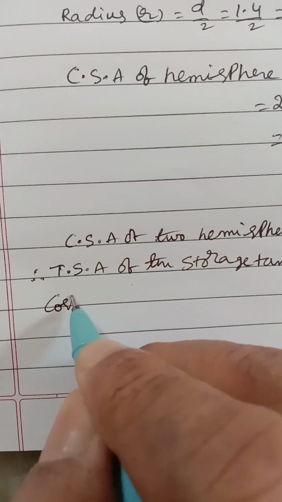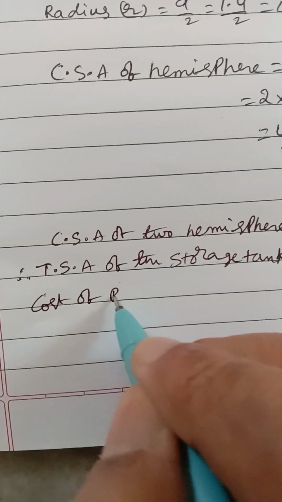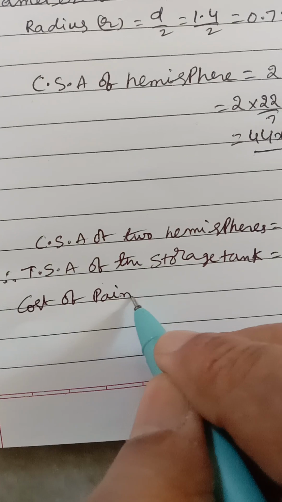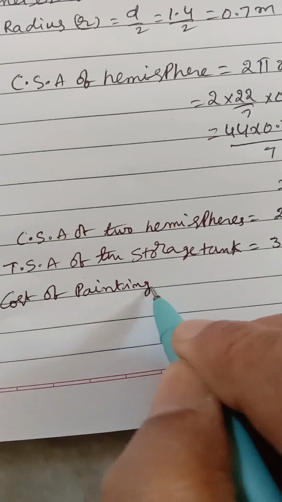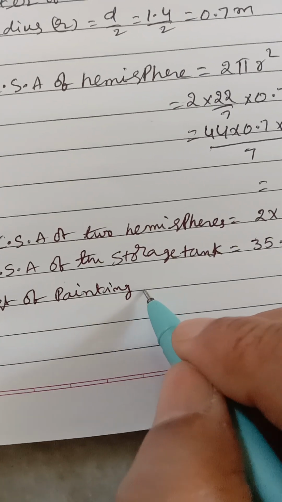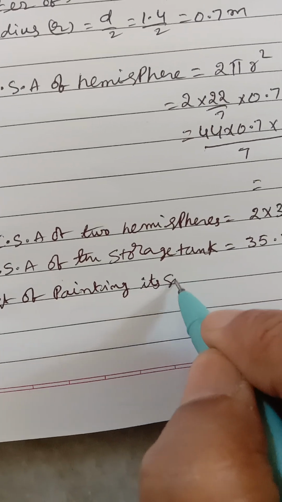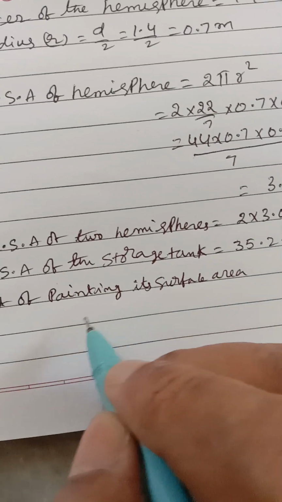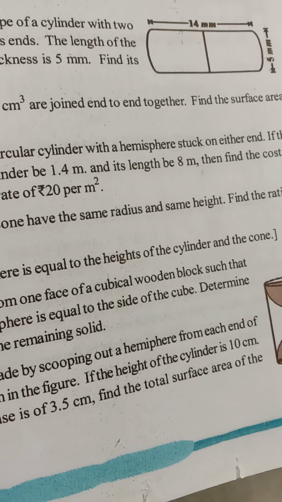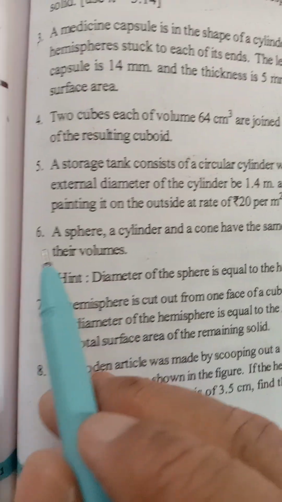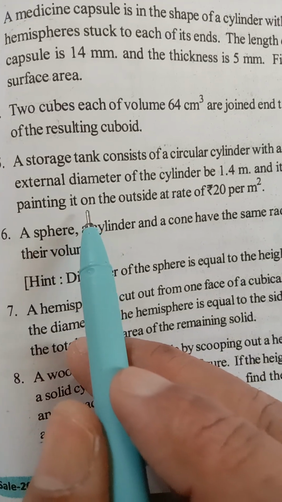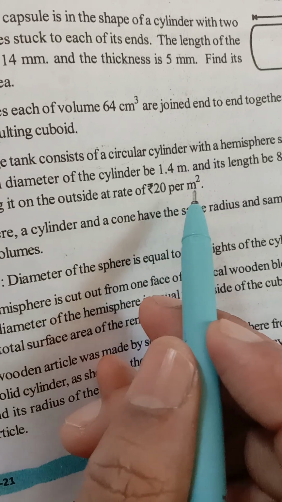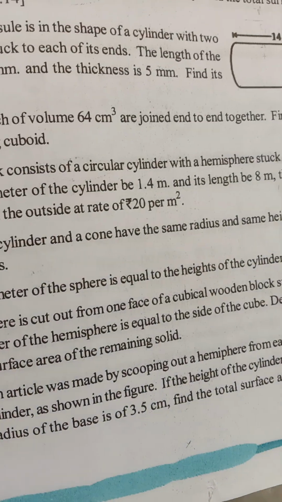Cost of painting its surface area at the rate of 20 rupees per meter square.